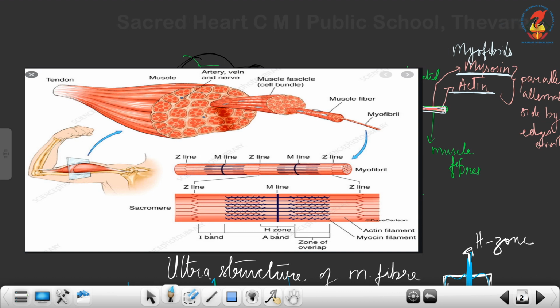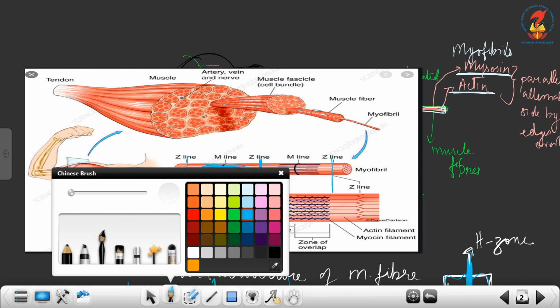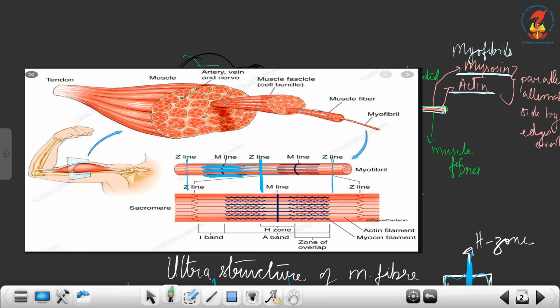The very same thing: there are the very thin filaments which constitute the I band, the very thick filaments which constitute the A band, then the Z line which runs through the thin filaments. You can identify the Z line because it runs through the thin filaments and they demarcate the sarcomeres, and the M line runs through the thick filaments.